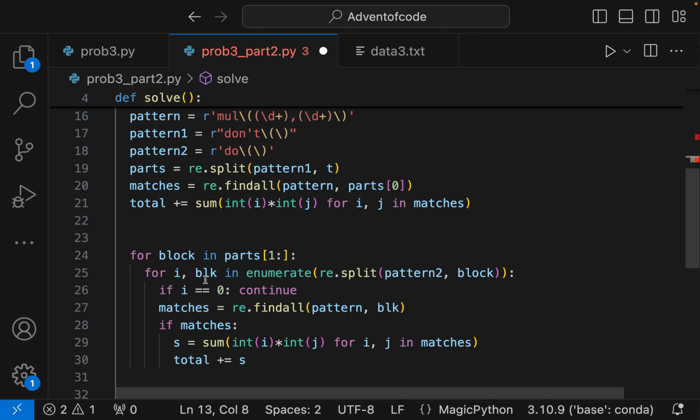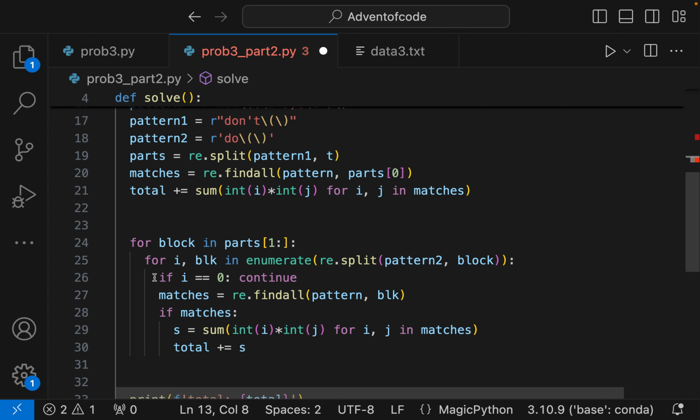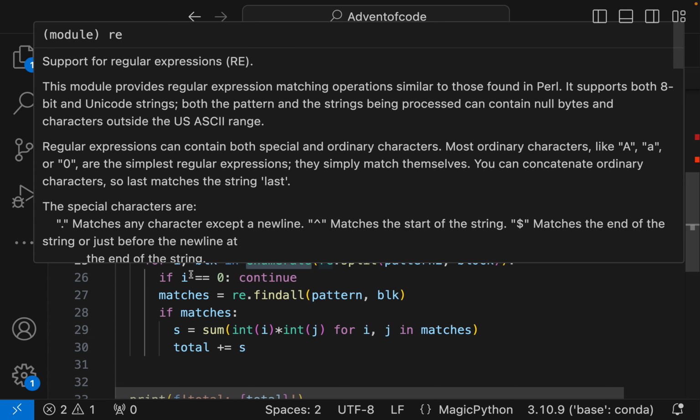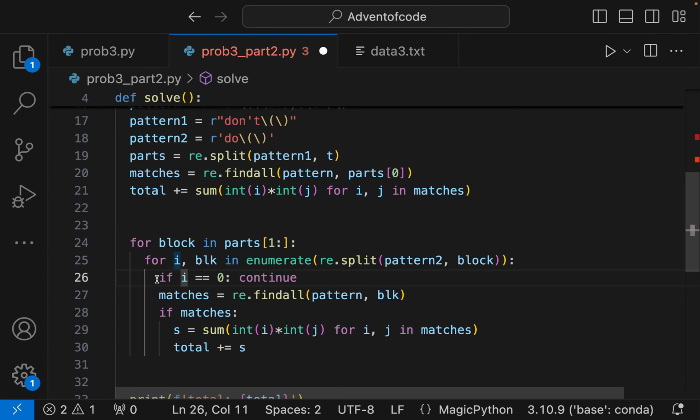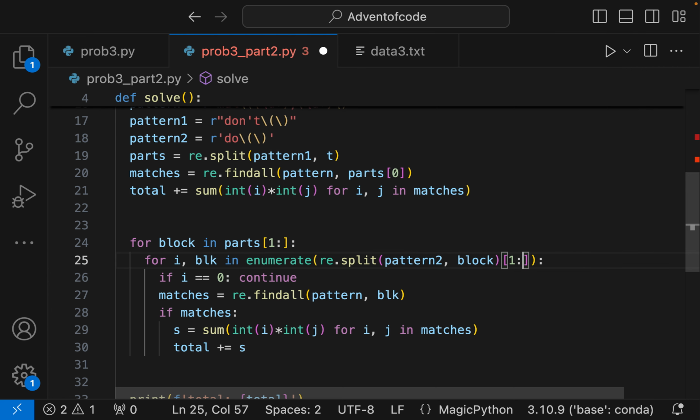That first one I can ignore, so I do that here. That's why I added the enumerate function, in order to get the index so I can ignore it. I just thought it made it a little bit easier to read. I probably could have done something like this and then removed the enumerate, but it's fine.